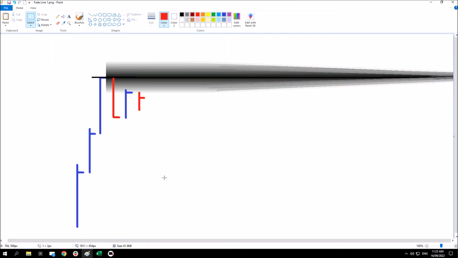When you mark a chart, you shouldn't think of the line as just a single thin level of support or resistance. You should really think of it as a zone of support or resistance. In this case, price has moved up and then it's pulled back, and that's left this level here as resistance above.